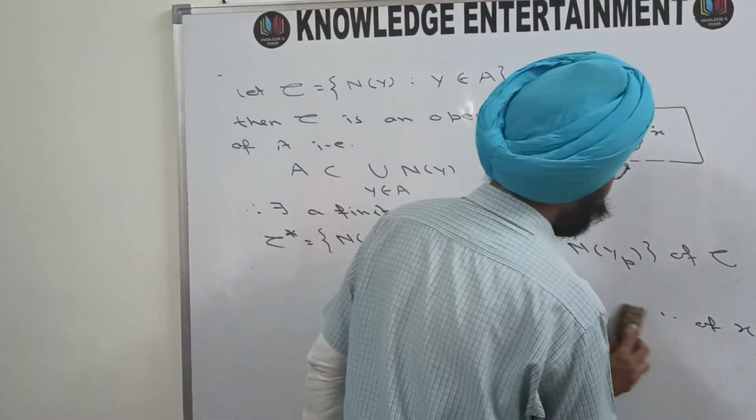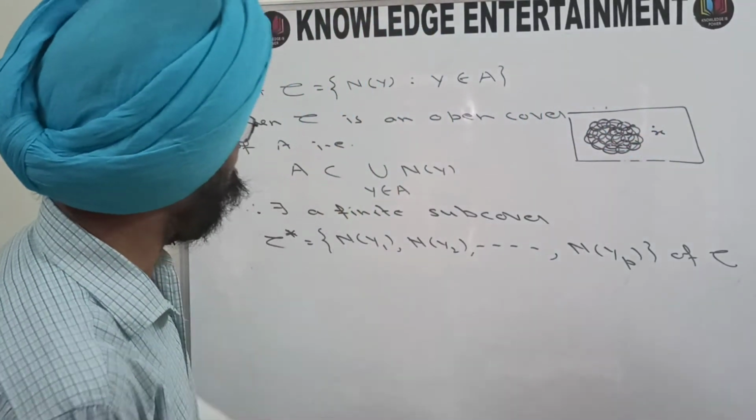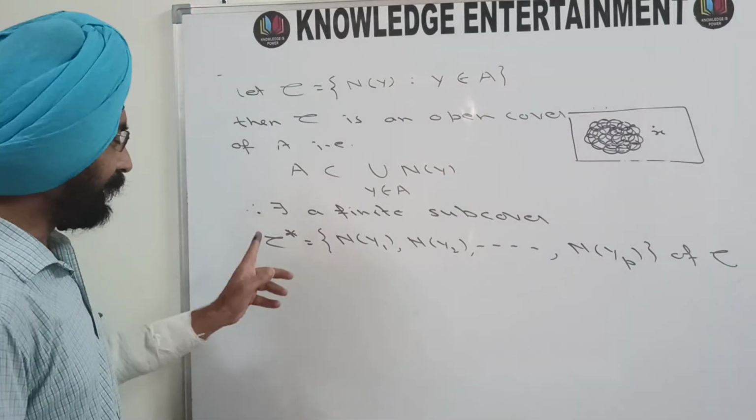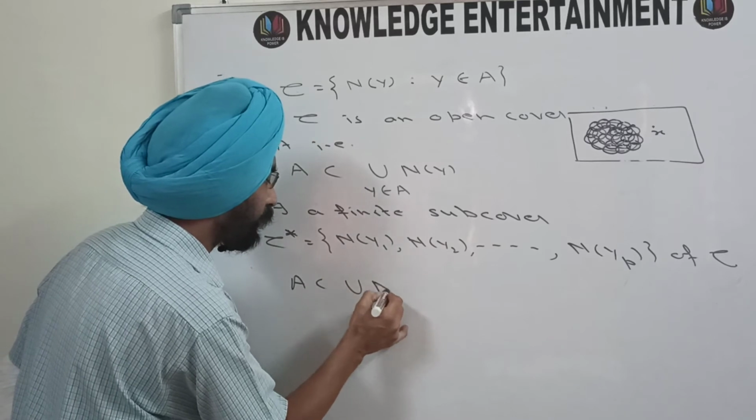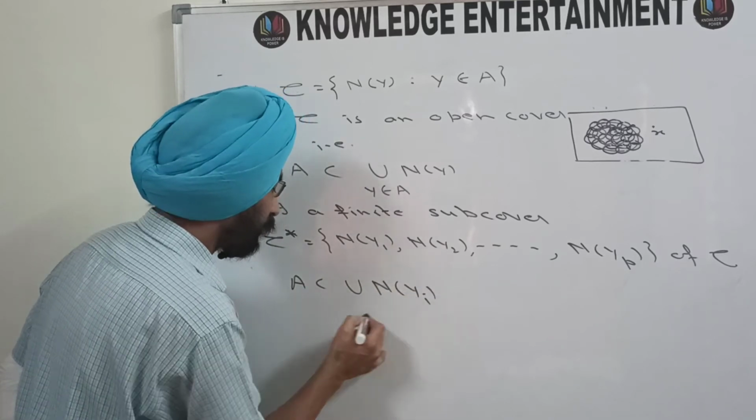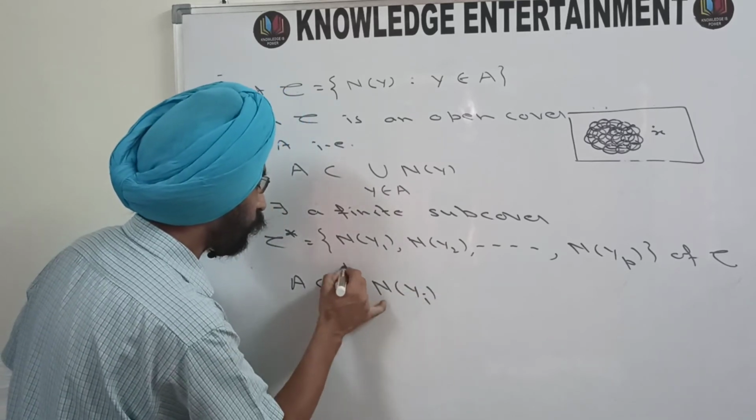Now A is covered by the union of these Ny i's, where i varies from 1 to p.